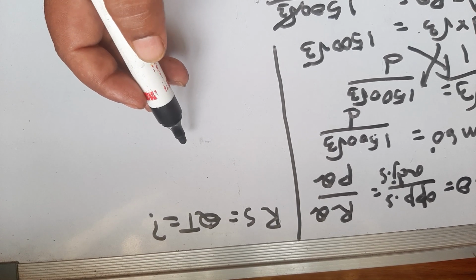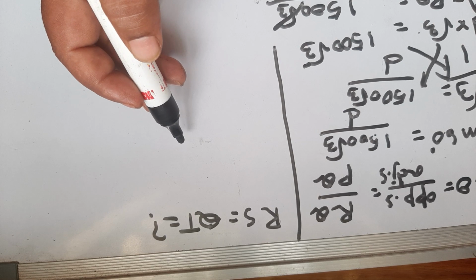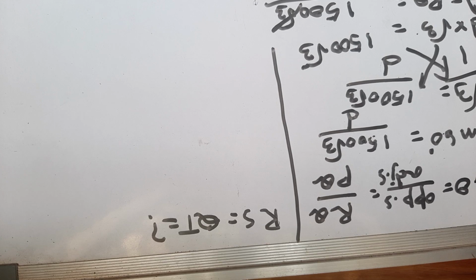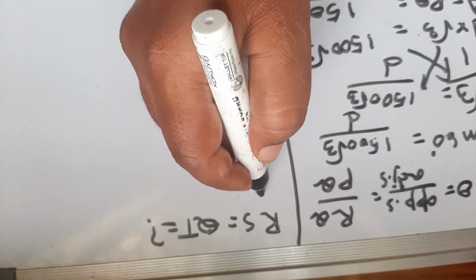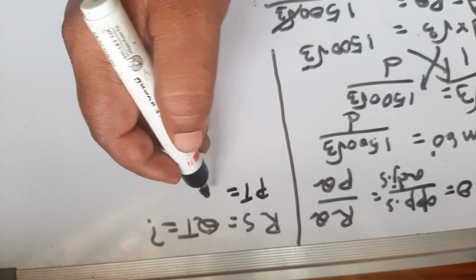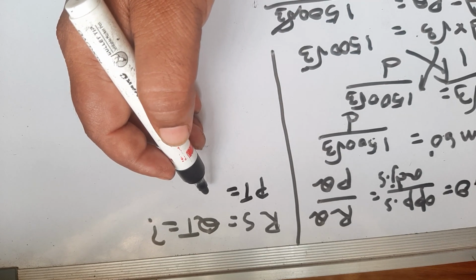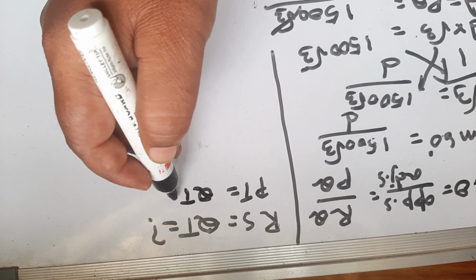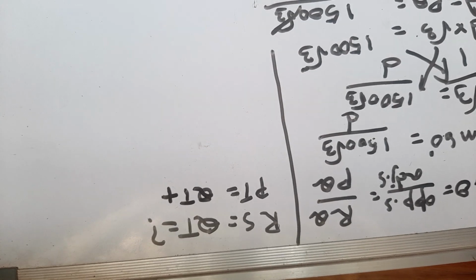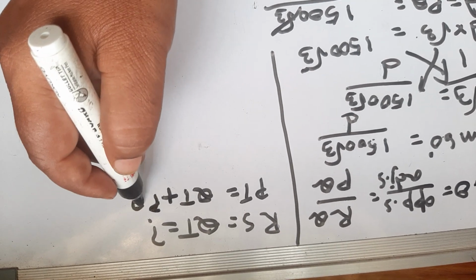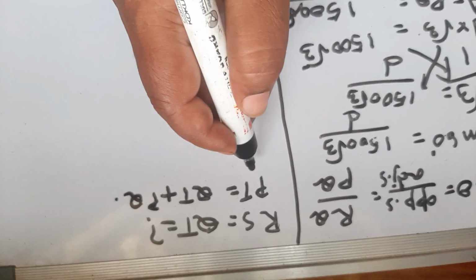What is the total distance? PT is 4500 meters. So we can write PT is equal to QT plus PQ.